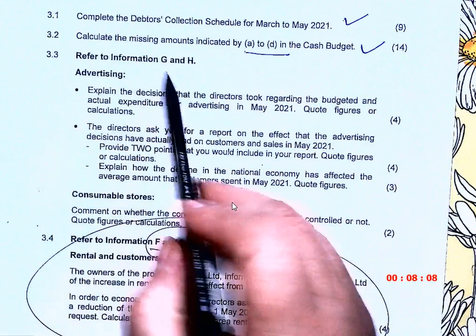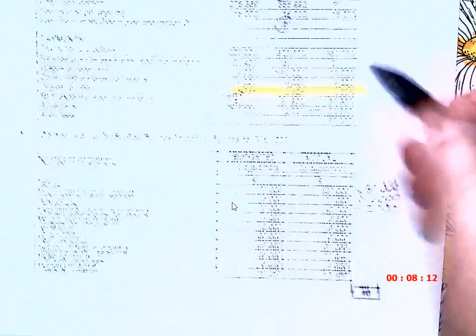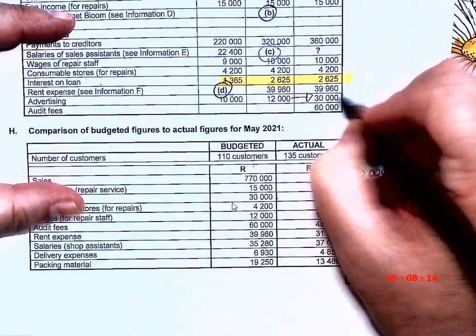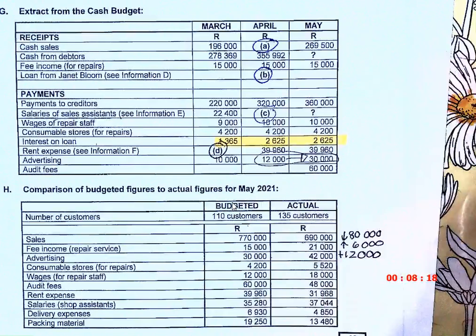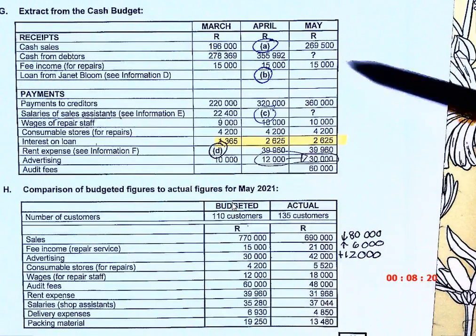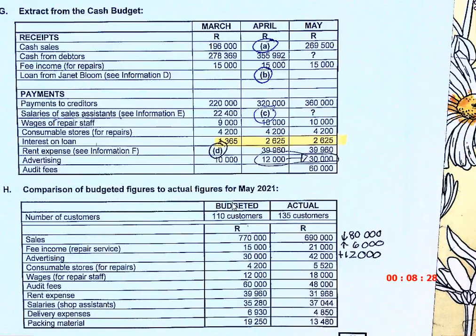That's what I'm also thinking because they say G and H. Okay? So if you use G, you would say they budget for advertising to be at 18,000 more than May. Right? And then if I go look at the sales, we budgeted for the sales to increase as well.